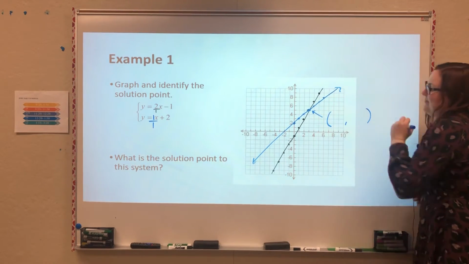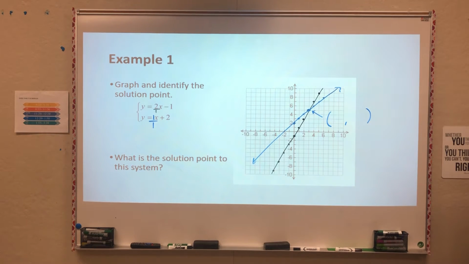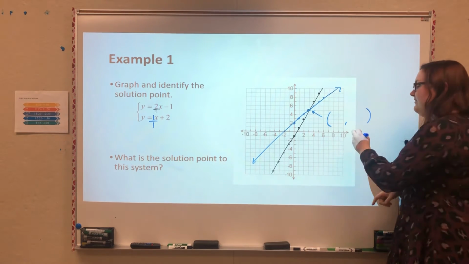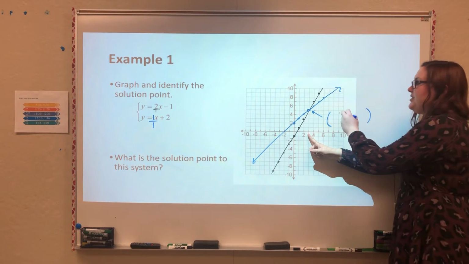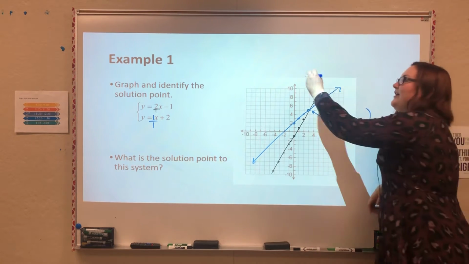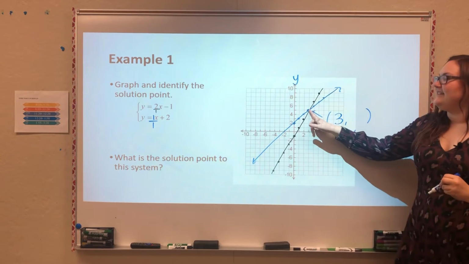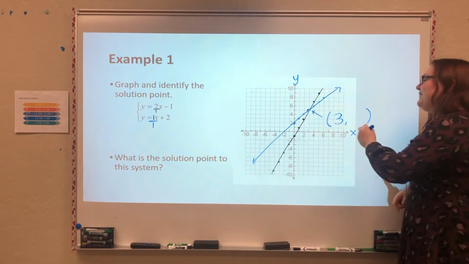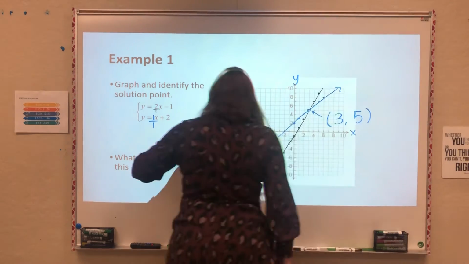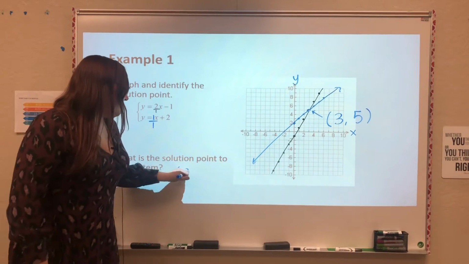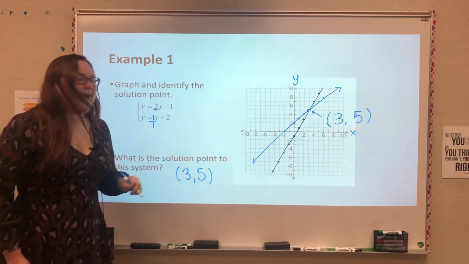Remember, we're going to label it with an x-coordinate and a y-coordinate. This point right here on our x-axis is at the number 3. On our y-axis, this point is at the number 5. So we can say the solution point to the system is the point (3, 5).